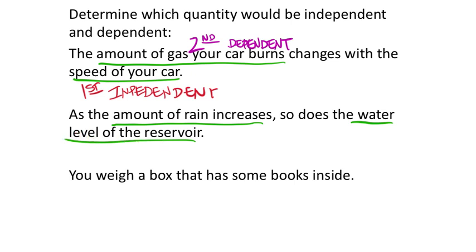Now you could say, well, the water level of the reservoir was there already. That's true, but since we're comparing it with rainfall, between the two, you would wait till the rain finishes falling, and then you would take the water level of the reservoir. So the amount of rain is going to happen first, which makes this independent, and then the water level of the reservoir is going to happen second, which makes it dependent.